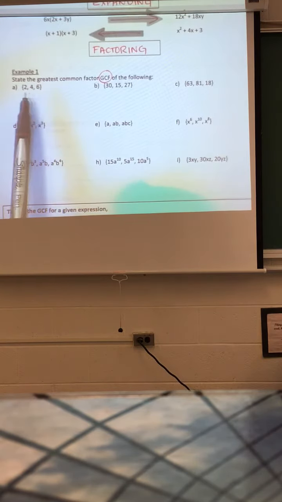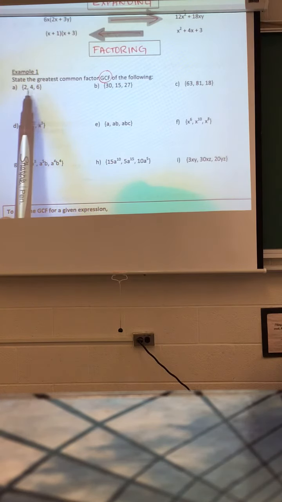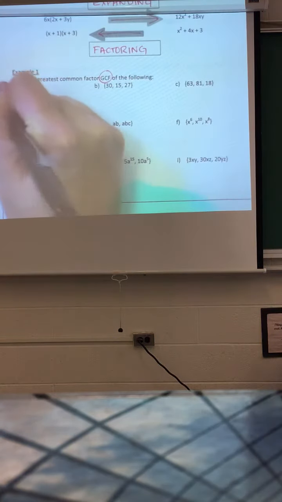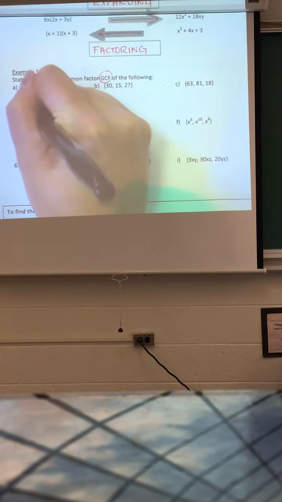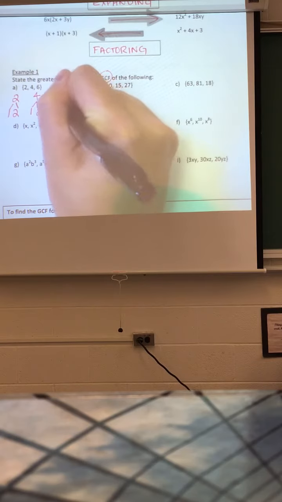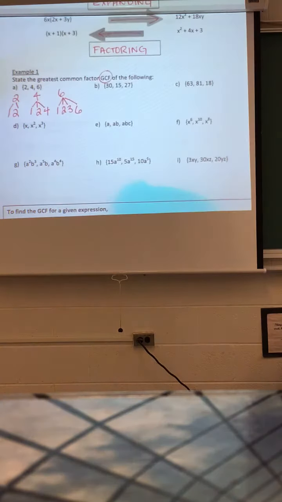So with this, we just have numbers, and in this case, we're looking for something that's in common between 2, 4, and 6. So with 2, the only factors we have are 1 and 2. With 4, we have 1, 2, and 4. With 6, we have 1, 2, 3, and 6.